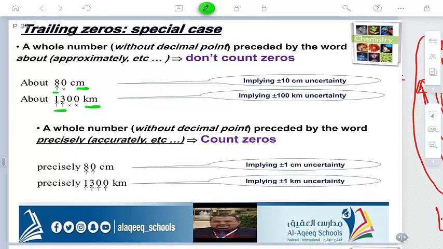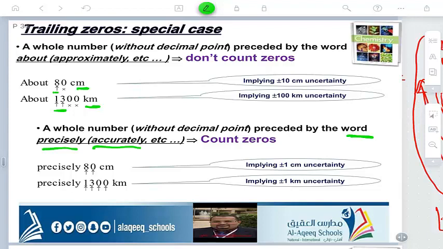What if the number is like this, do we count the zero or not? If it's a whole number without a decimal point, like the previous one, but preceded by the word precisely or accurately, at this moment we count these zeros.